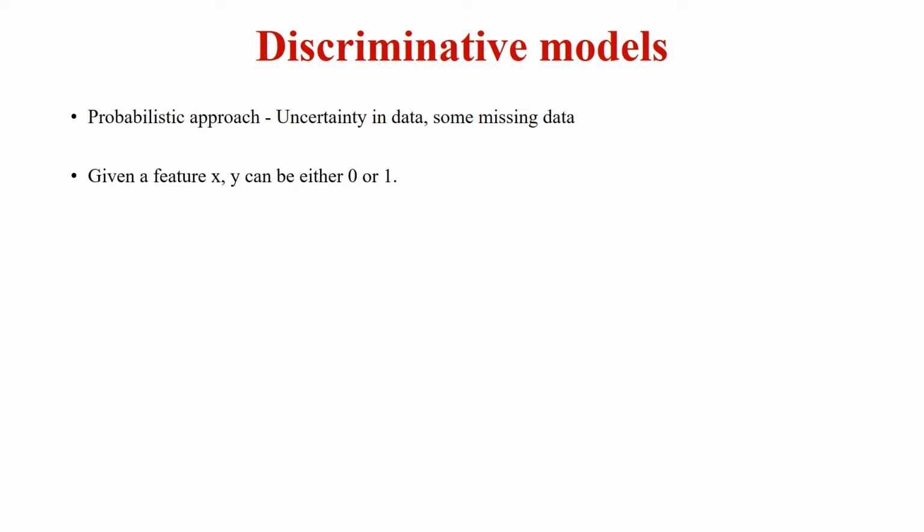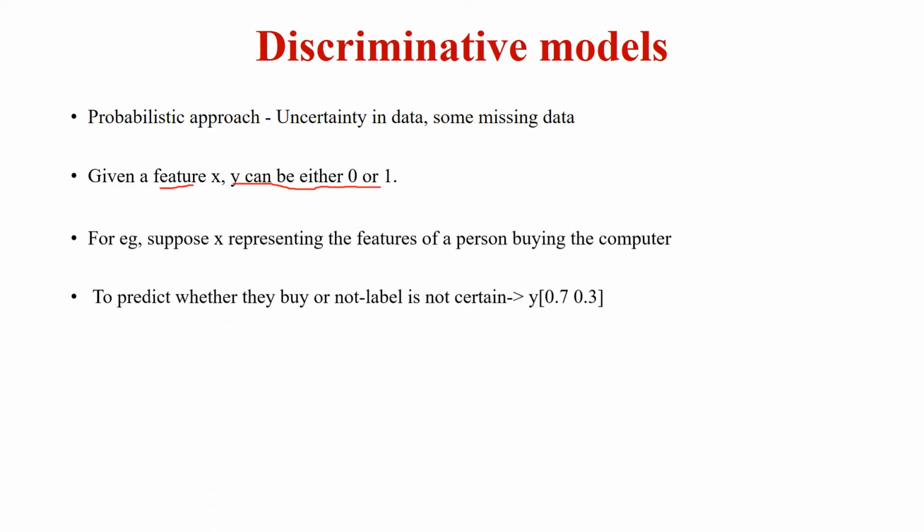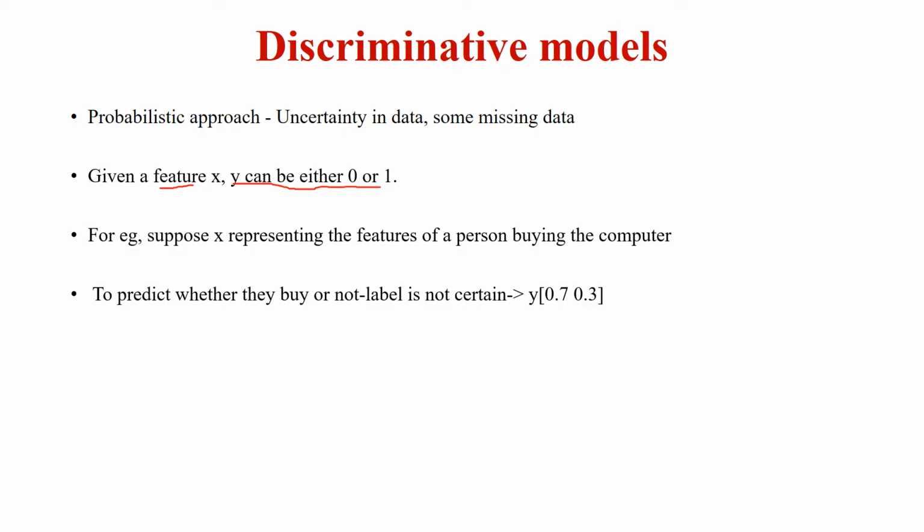Generally, a feature X is given and this Y can be either 0 or 1. It can either belong to class 0 or class 1. Suppose this X is representing some features of a person buying the computer.